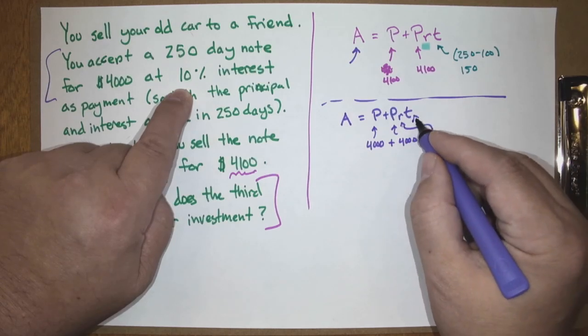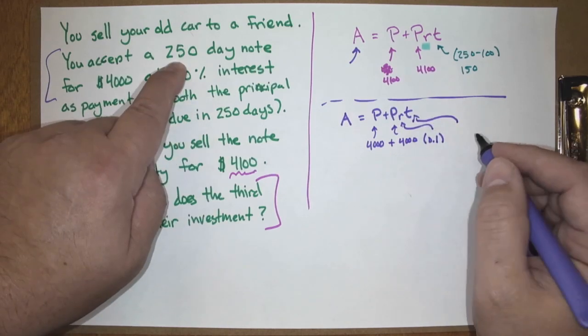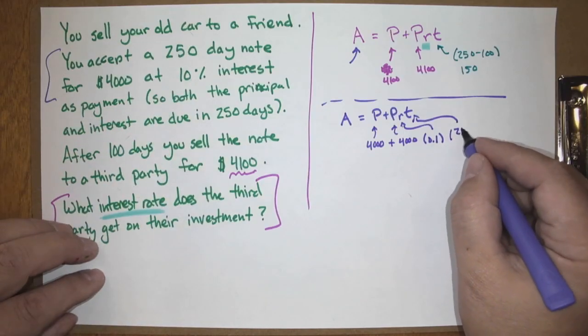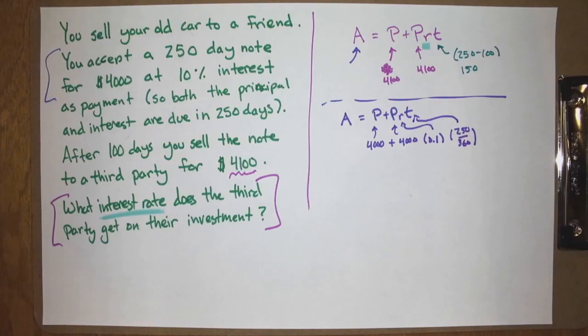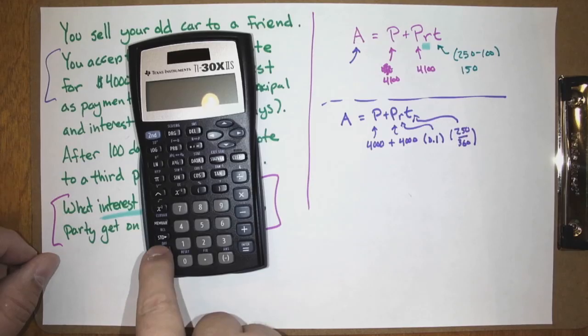And the time was 250, so 250 over 360. So I'm putting in our basic formula. That's how much money they're going to pay back. Well, okay. This sounds like a job for a calculator.